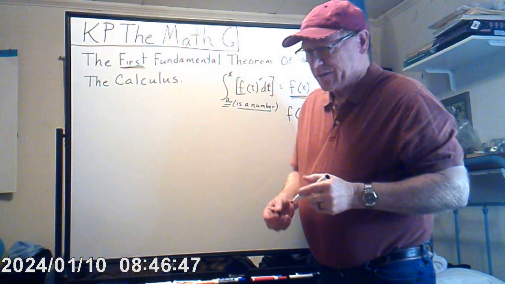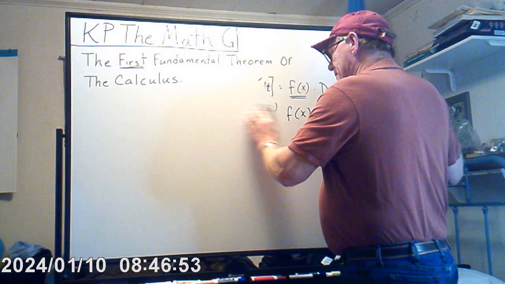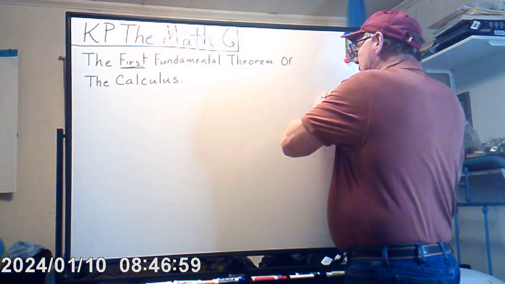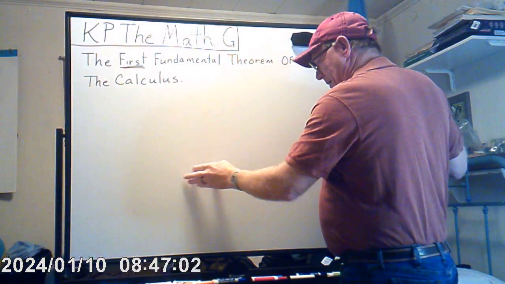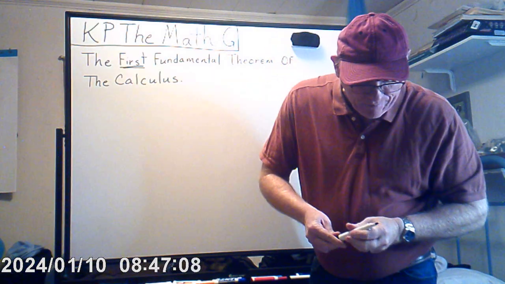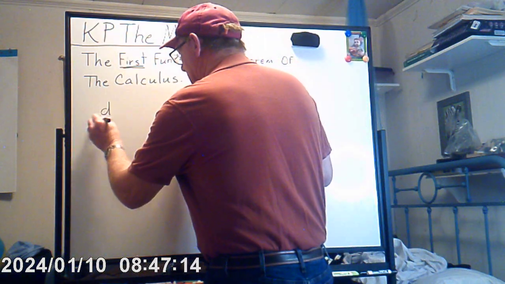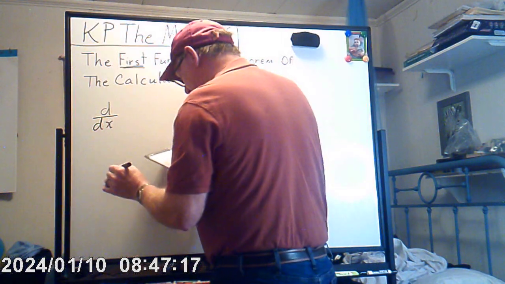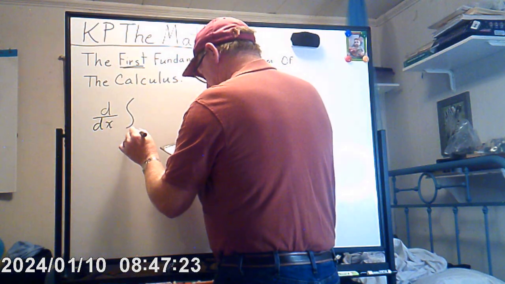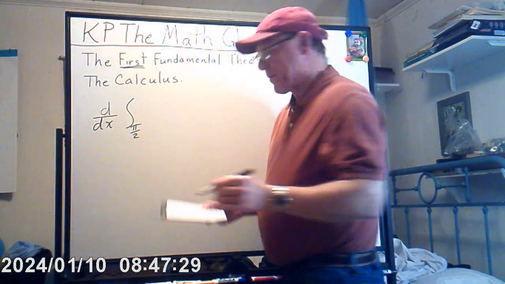All right, let's start with something. I'm going to erase this rule because I need room. I'm going to need all the room I can muster today. We're going to probably change colors here in a little bit, but let's take, for example, d over dx of the integral, so that's the derivative of something. Now remember, pi over 2 is a number, so we're going to ignore that part of it.